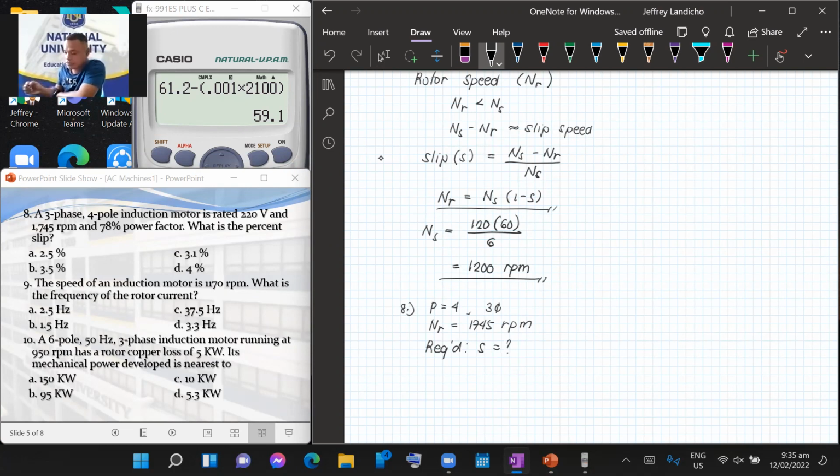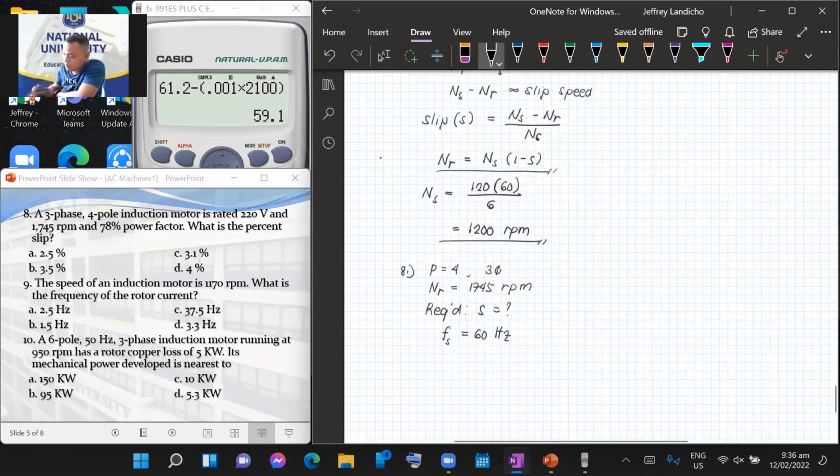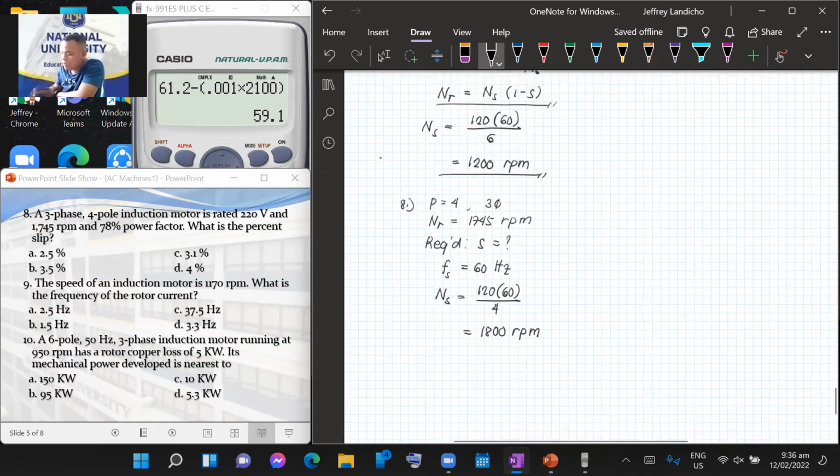So kailangan natin si synchronous. So alam natin, kapag walang binigay na frequency, we have to consider what? 60 Hz. So kapag kinompute natin si NS, we have 120 times 60, i-divide natin ito sa 4. So lalabas, this is 1,800 RPM. Right? So in that case, no more problem.